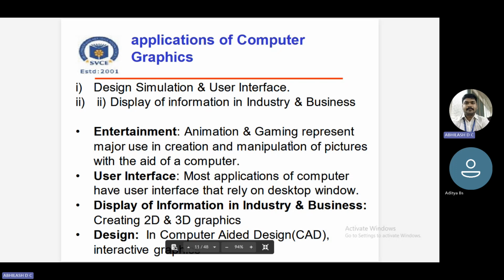So the first thing is entertainment, using it for animation and games. The major use is in the creation and manipulation of pictures with the aid of a computer. Any recent animated movie you take, everything is computer generated. Today people speak about anime, some Ghibli movies. So everything comes under entertainment here. The major things are animation and gaming.